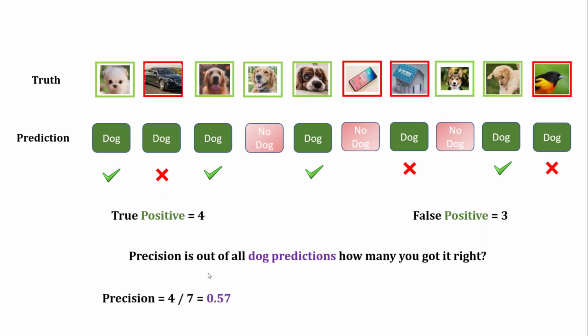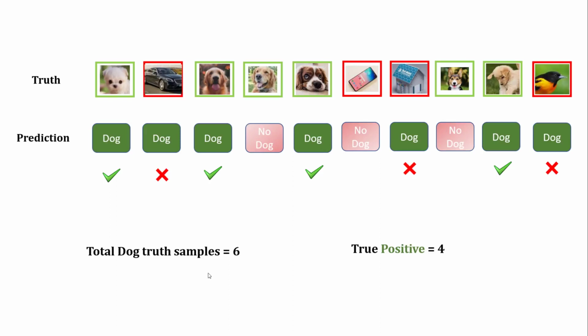So it is 4 by 7. You have a total of 7 dog predictions, 7 things you predicted to be dog. Out of that, only 4 are dog. That's why precision is 4 by 7, 0.57. This is the formula for precision: true positive divided by true positive plus false positive.